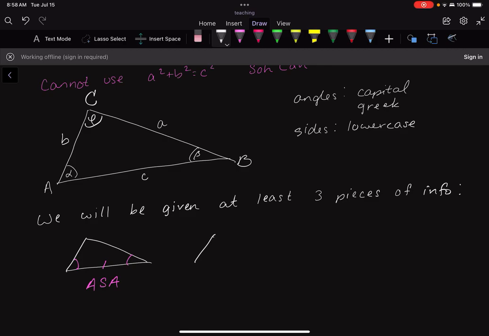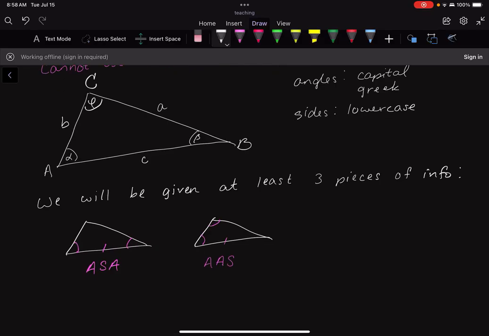Another case that we can be given is the angle, angle, side case. Another one we can be given is a side, side, angle. This is actually a special case.